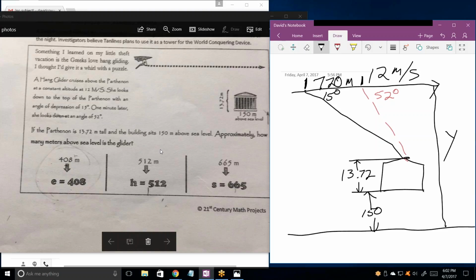All right, so now, what do we know? We know this angle is 38. Something's wrong. That angle's not 38, excuse me. That angle is supplementary to 52, so that angle is 128, which makes this angle, let's see, that's 143, that's 37 degrees. So we have a triangle.